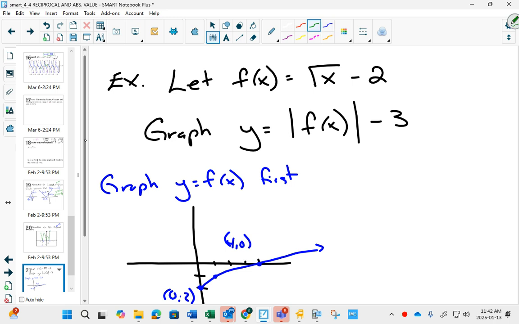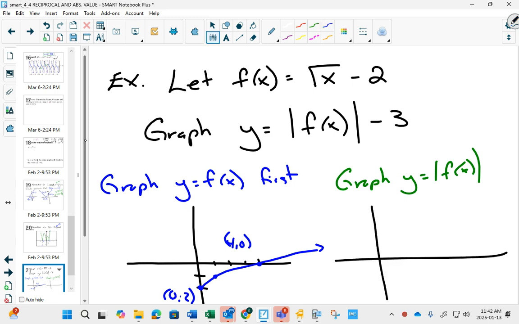Switching colors. I could graph the absolute value. Well, what would the absolute value do? The absolute value would take these nice points and make them positive.